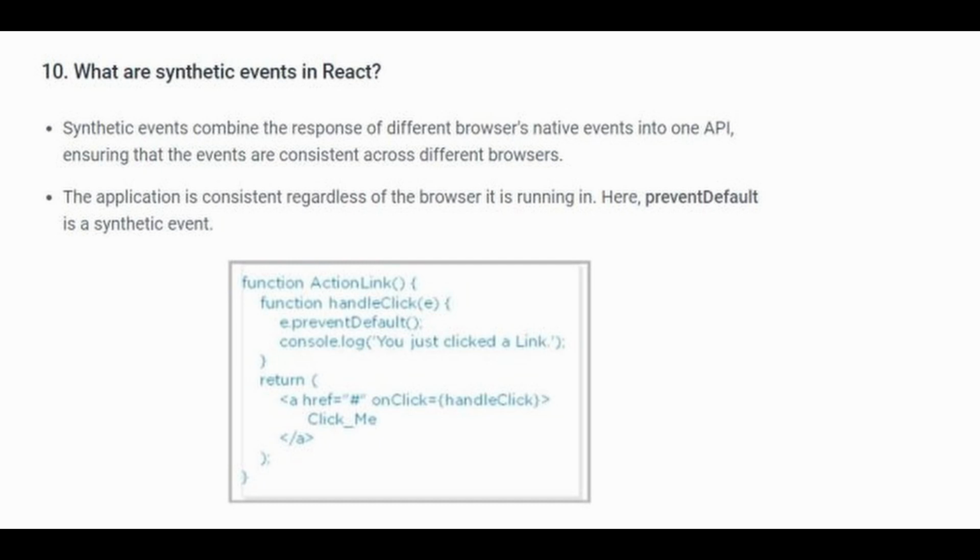If we use any event in Internet Explorer or Edge browser or Google Chrome, there might be a compatibility issue, but if we use synthetic events in the React application, that will support every browser.